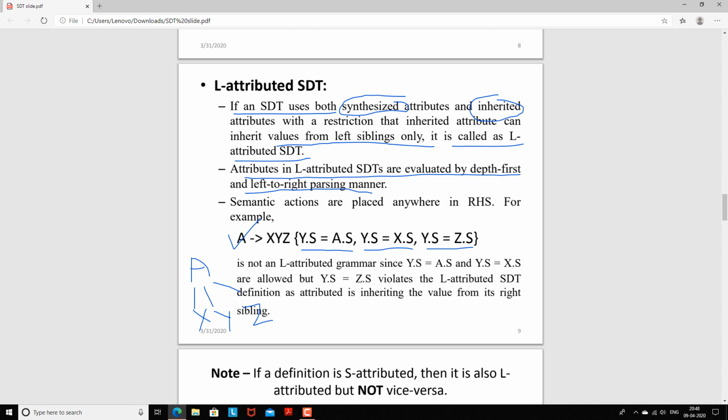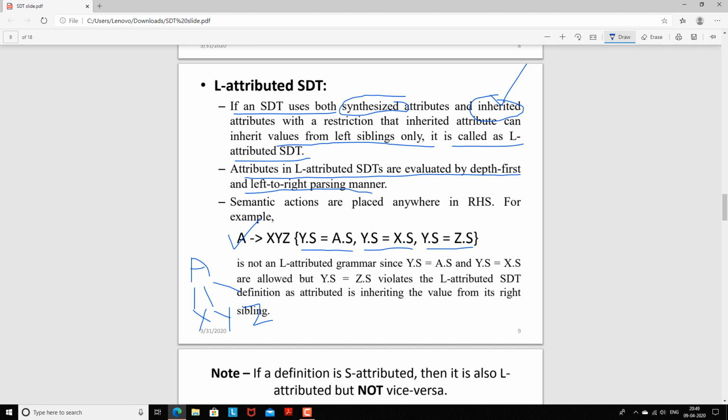If we look here, in this action the value of Y depends on the value of A. This is the property of inherited attribute I have already discussed with you.